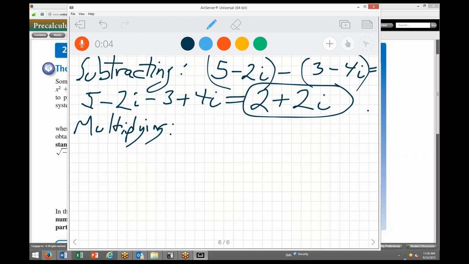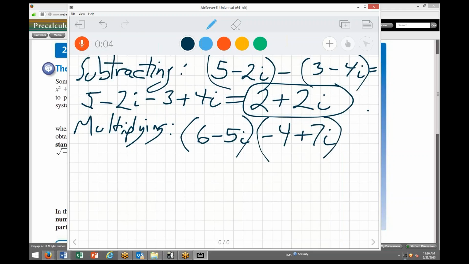Let's see how this is going to work. So if we did, for instance, 6 minus 5i times negative 4 plus 7i.